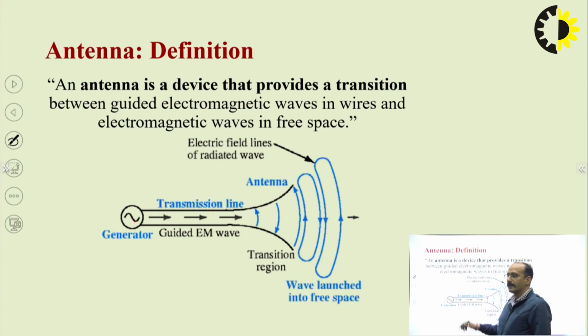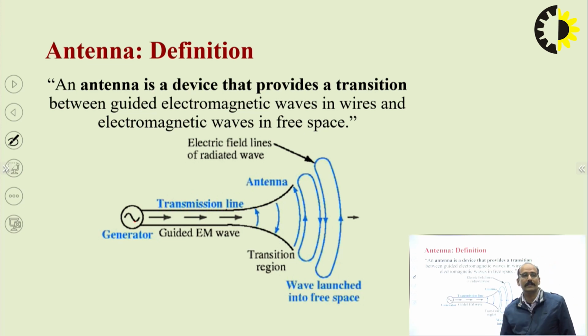As soon as you apply the generator, the waves follow this guided medium through the transmission line, and at the end, if you widen the transmission line into a particular shape, the guided EM wave will radiate into the environment as electromagnetic waves, because at the end the transmission line is open and the applied voltage creates an electromagnetic field, which creates electromagnetic waves.